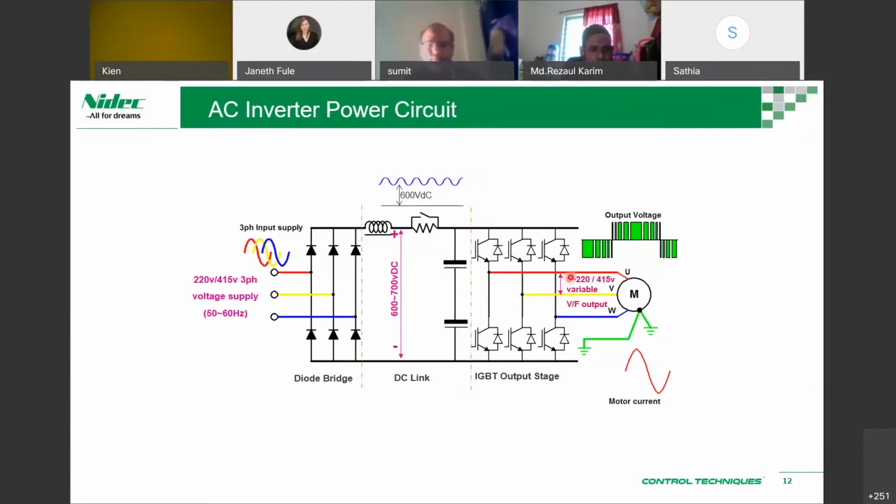And then you have the output of, let's say, 0 to 220 or 415 depending on our supply. So if you supply 220, you get 220 here. If we supply 415, you get about 415 here. We still have a bit of losses because we have diode voltage drops.